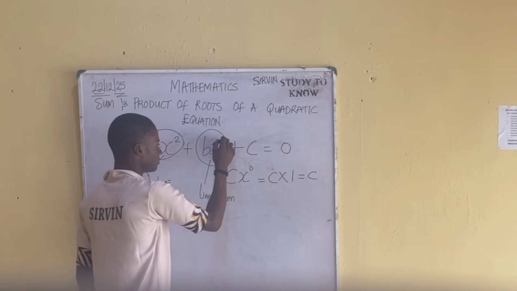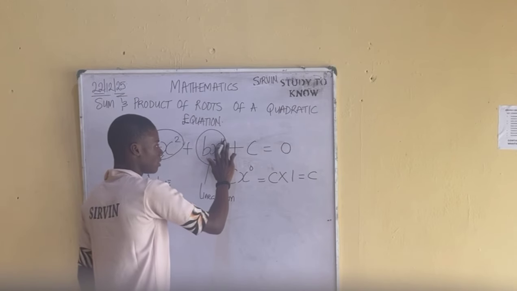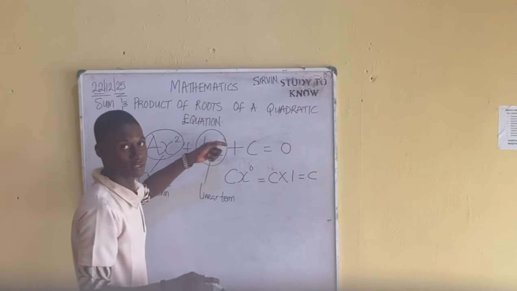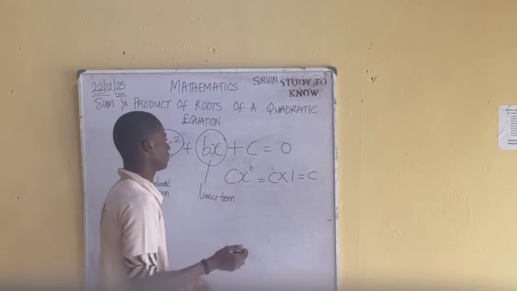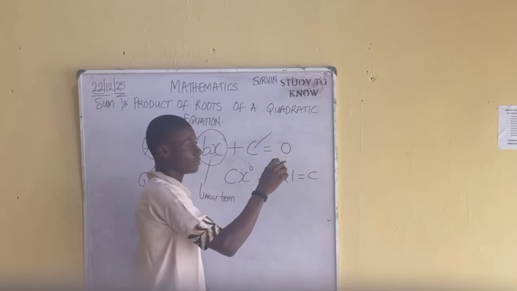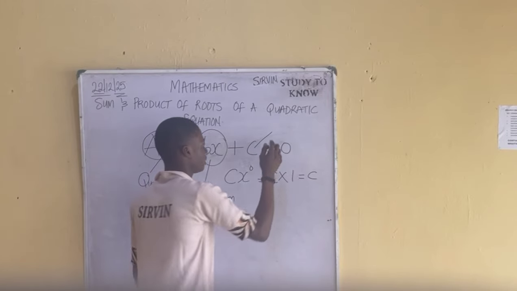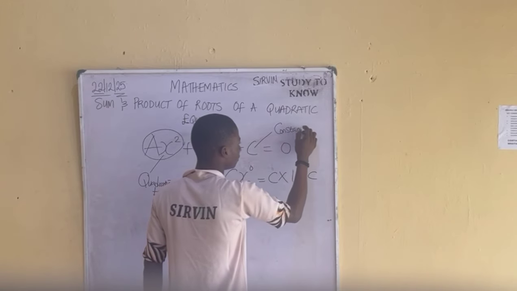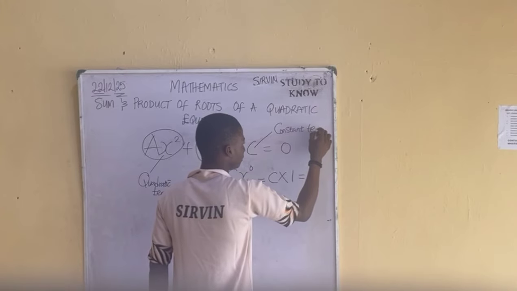This is just like saying x raised to the power 1, and x raised to the power 1 is x. That's why the 1 is not relevant. You understand? So c is simply that term that does not have x. This is called the constant term.